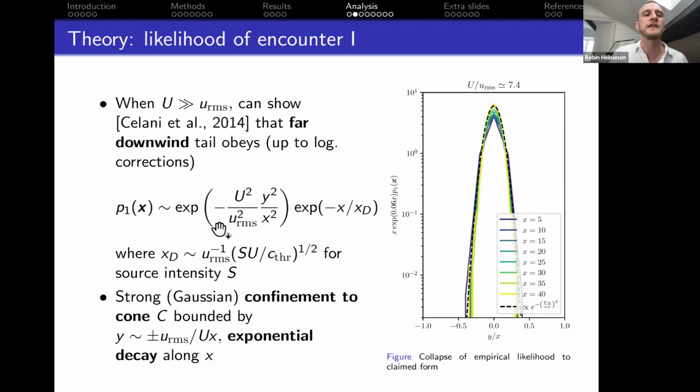The result is that we have a Gaussian factor which confines the likelihood to a cone with opening angle of U_RMS over U. And secondly, we have an exponential decay along the downwind direction x, with characteristic decay length x_d, which has the following form in terms of physical parameters. Here, S is the source intensity. I'll just mention that this agrees very well with our simulation data.